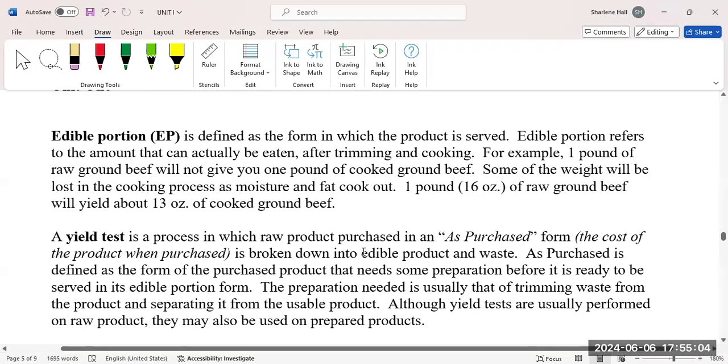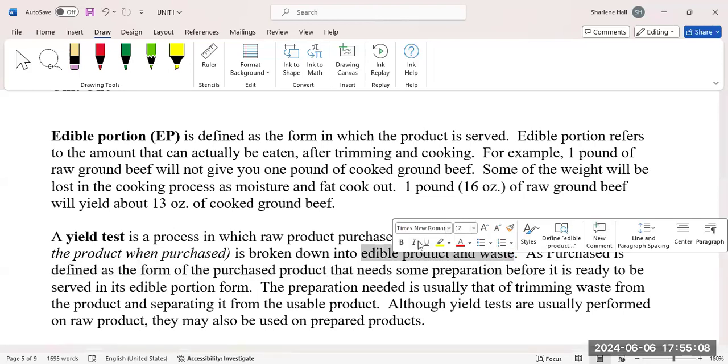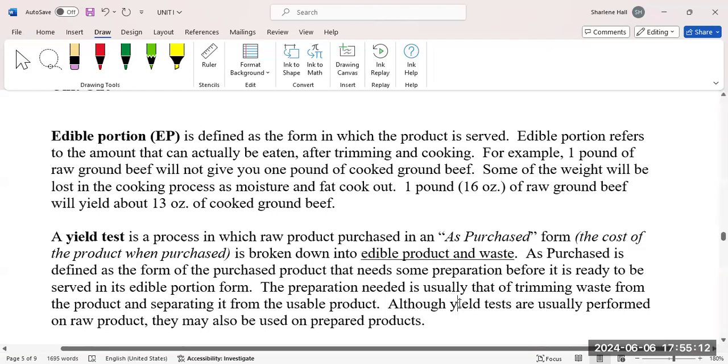It's broken into edible product and waste. Now, remember I just gave you an example a while ago about the lettuce. Somebody's going to peel off the black spots and trim the quilted leaves so that I have nice, pristine, pretty looking iceberg lettuce to put into my sandwich.